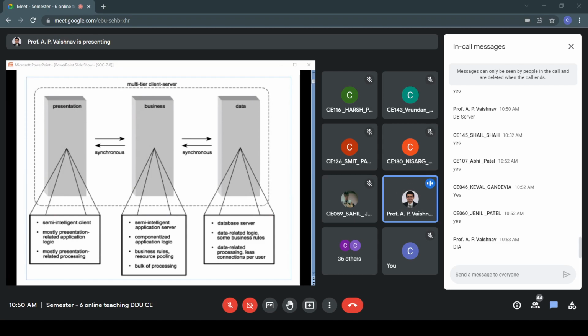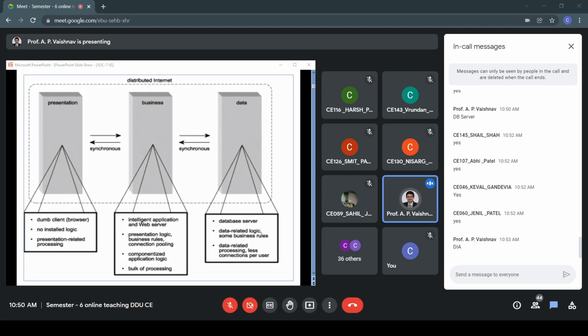In the middle tier, the complexity increases because you have to combine the presentation logic and business logic. Due to that, we can subdivide the middle tier into two parts. The first is your application server, and the second is your web server.